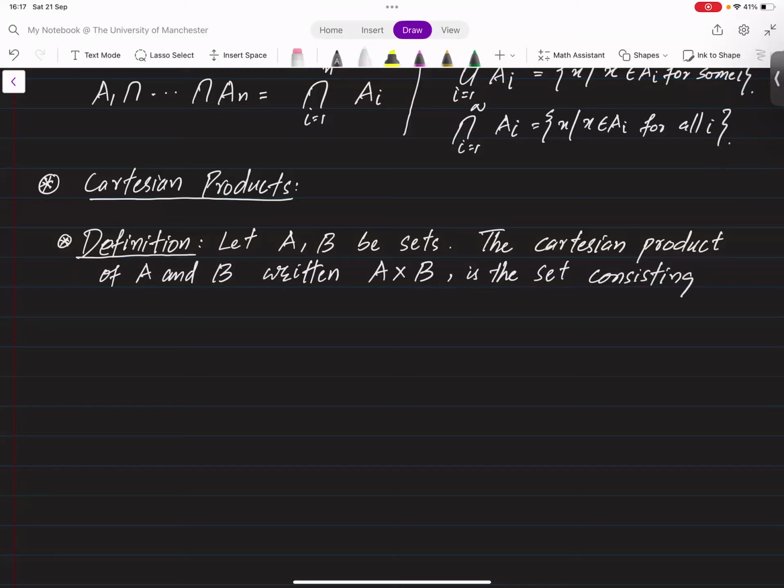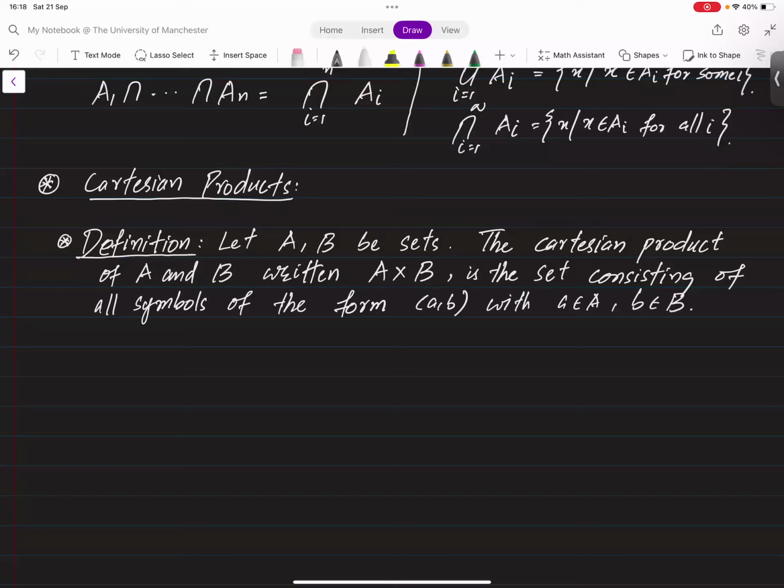consisting of all elements, okay, so we call them symbols, all symbols of the form (a, b), and we call them ordered pairs also, with a in A, b in B, and such a symbol is called an ordered pair.